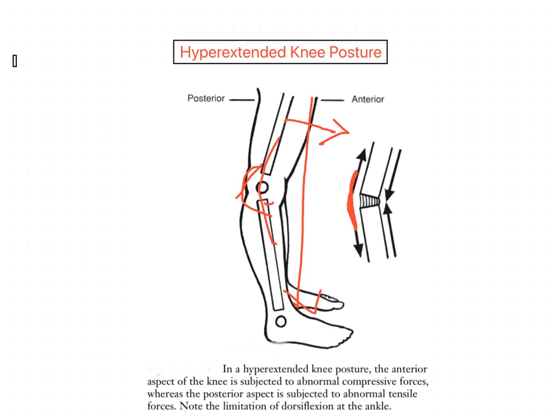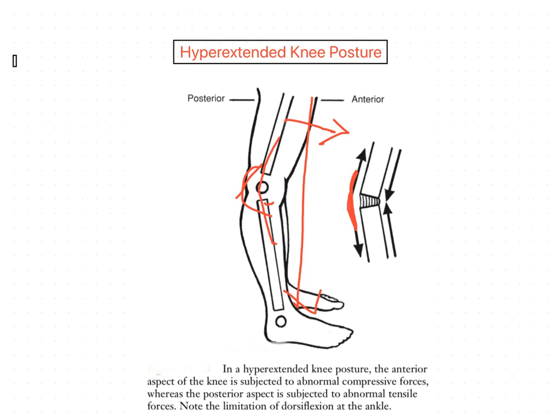A continual adaptation of the hyperextended knee posture is likely to result in adaptive lengthening of the posterior capsule and the cruciate ligaments. That means on the posterior side, structures are going to lengthen if this posture is continued for a longer time, and therefore it becomes a more unstable joint.